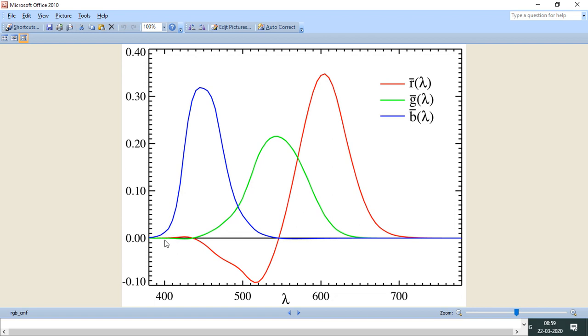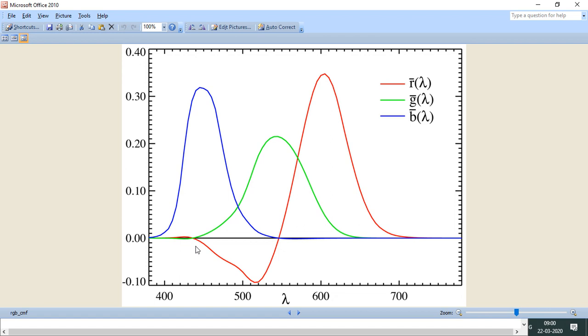Similarly, this amount of green light of this wavelength range was used to match all the colors, and this amount of red light of this wavelength range was used to match all the colors given during the experiment.